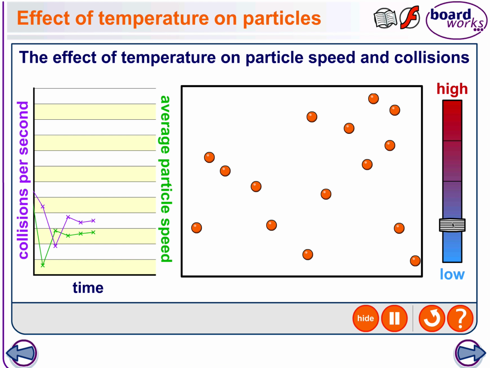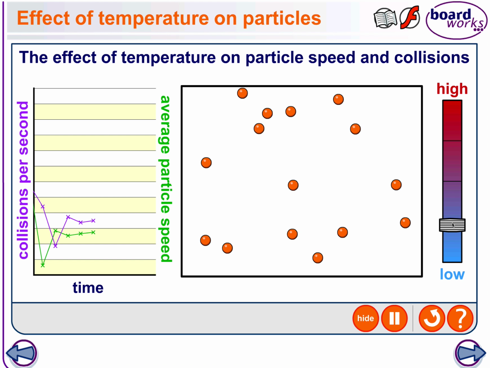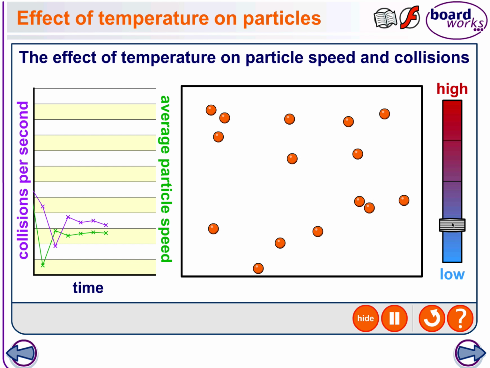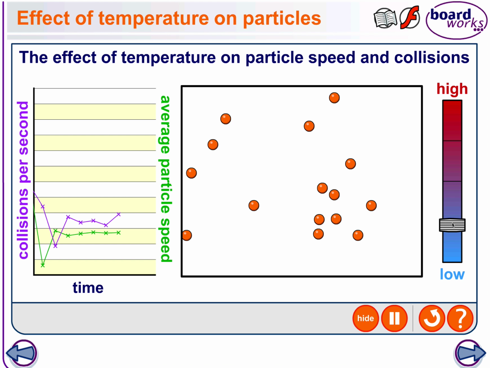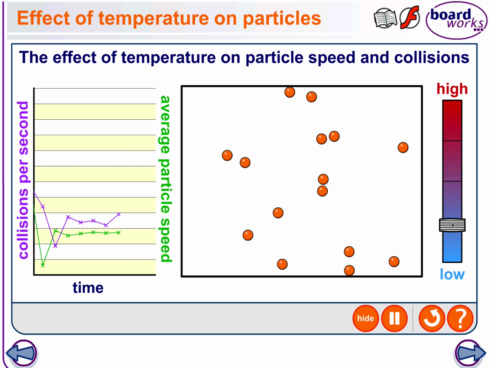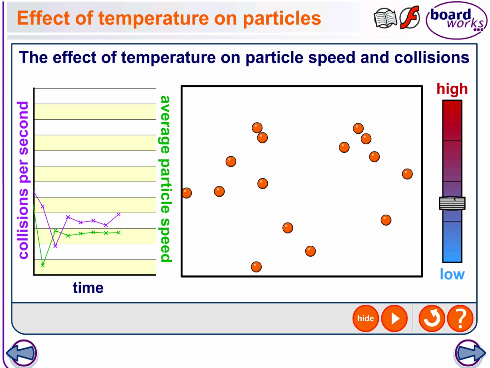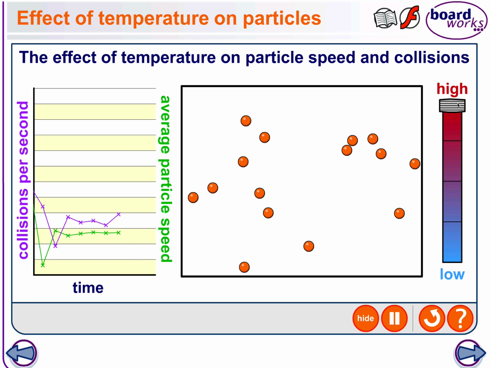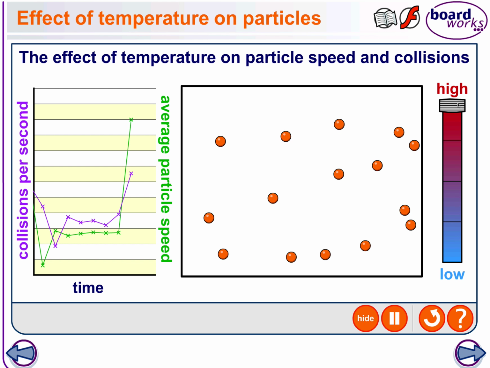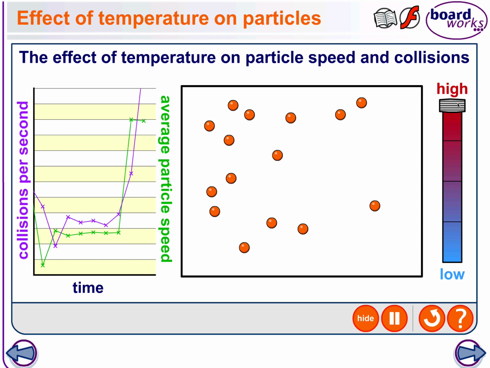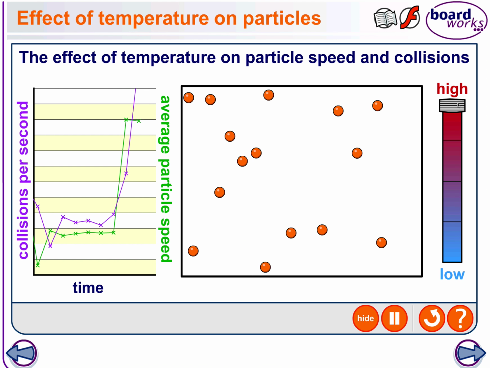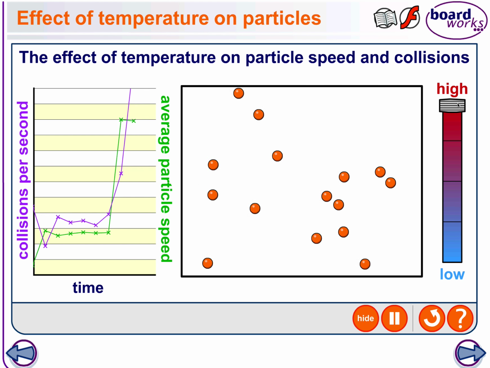And when you're answering this in an exam, it's very important that you mention that not only are there more collisions, the collisions are also occurring with much more force or vigour. And therefore that twofold effect leads to an increase in rate. If we just take the temperature to the top, you can see that the particles are just moving around like crazy, and the collisions that are happening are far, far greater than they were in the first example where the particles had a low temperature.